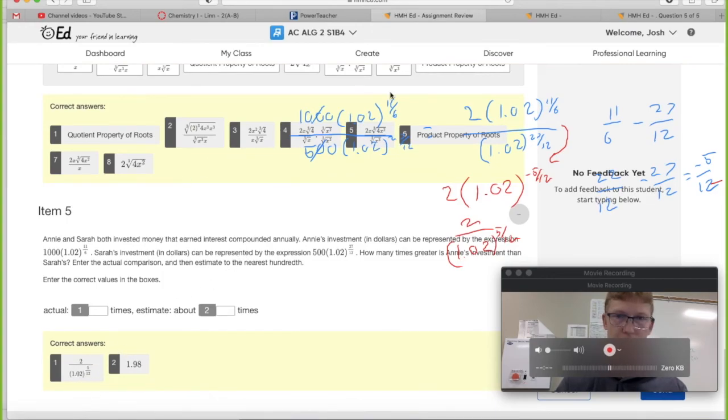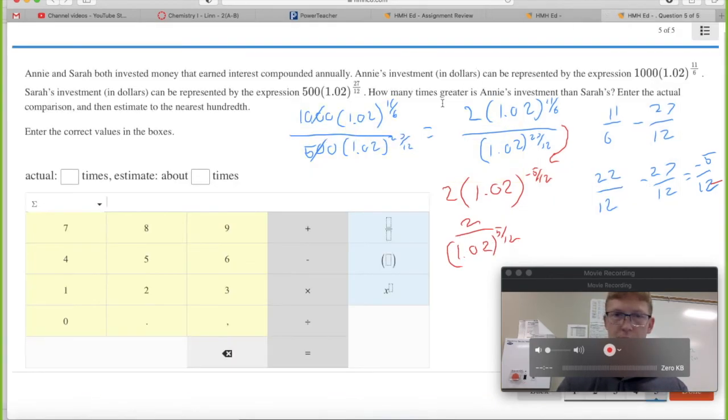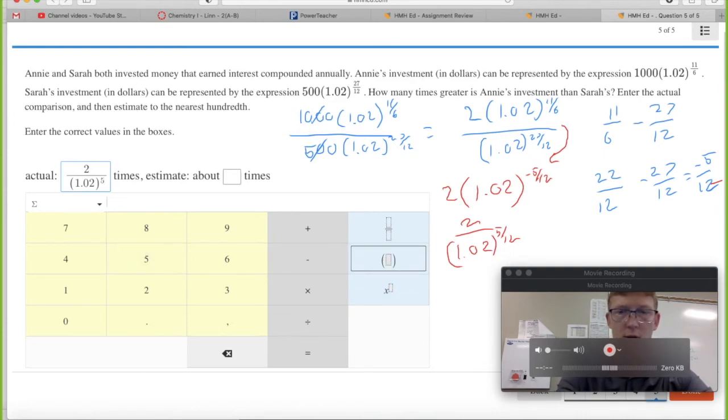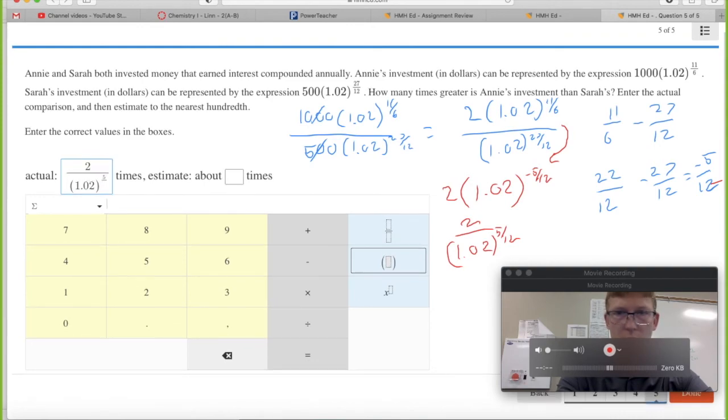Yeah, so then over here, the actual is a fraction, so 2 over 1.02. Notice how I'm using the parentheses. Parentheses are your friend. 5 divided by 12.